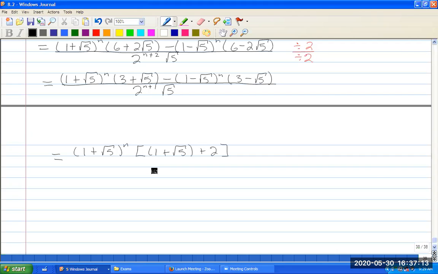And (1 minus rad 5) to the n times (1 minus rad 5 plus 2). Again, I can write 3 as 1 plus 2, all over 2 to the n plus 1 rad 5.